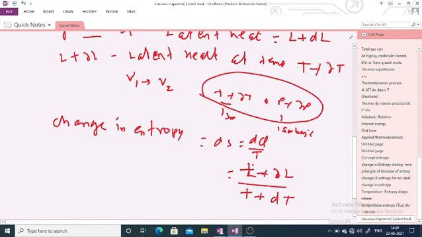So we get the change in entropy as L plus dL divided by T plus dT.